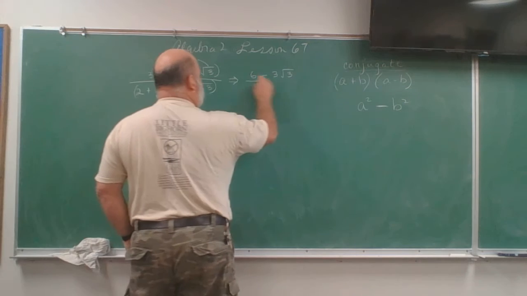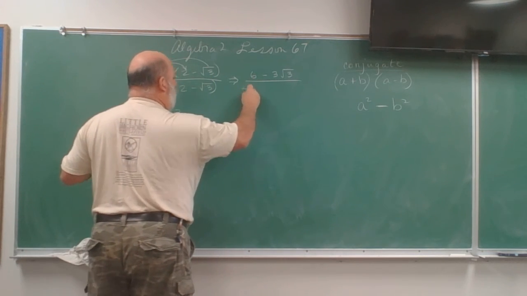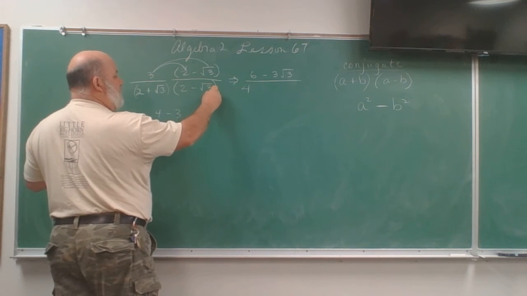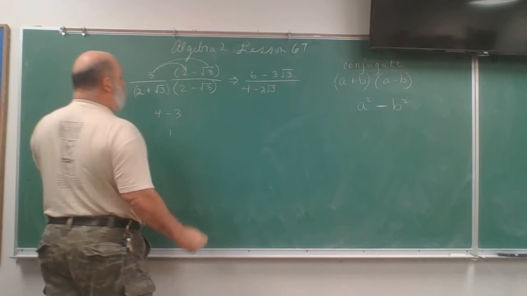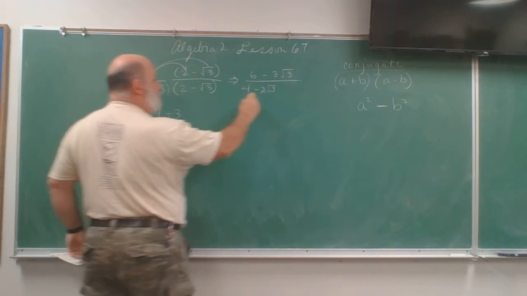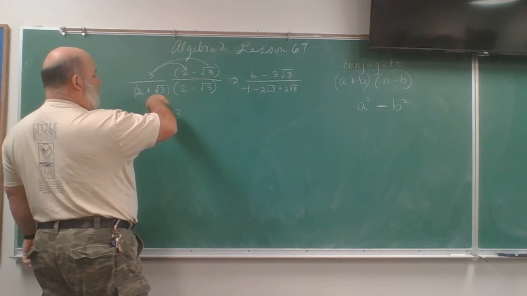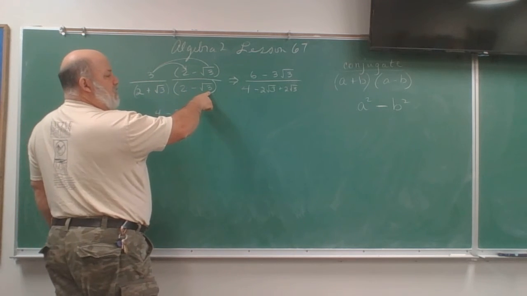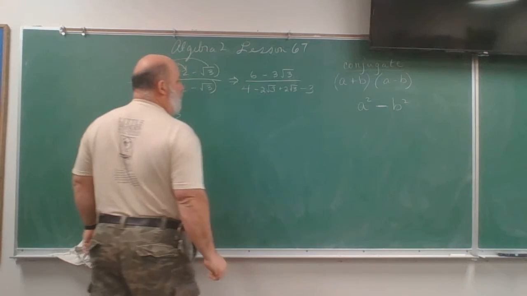Well, let's work it out. Distributive property, 2 times 2 is 4. 2 times negative square root of 3 gives me negative 2 square root of 3. Square root of 3 times positive 2 gives me 2 square root of 3. And then square root of 3 times square root of 3 gives me 3. And it's positive times a negative, so it gives me minus 3.